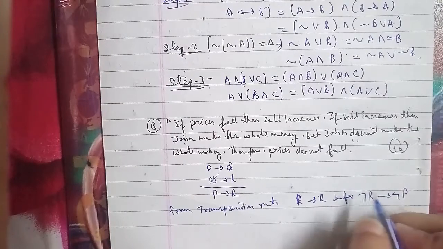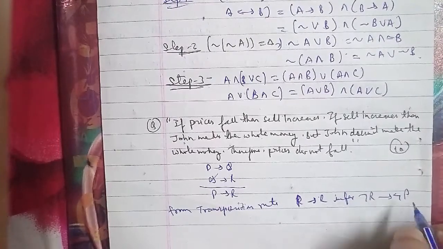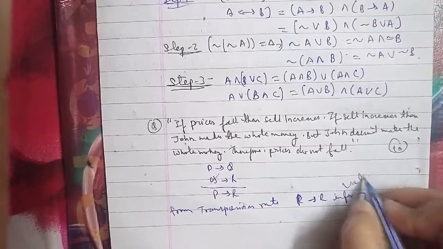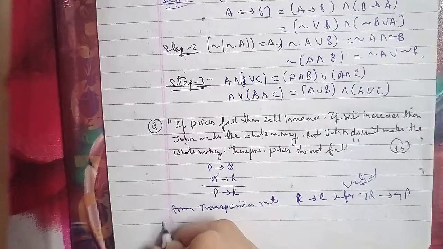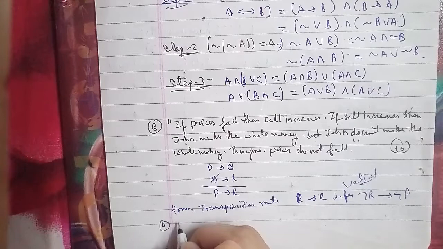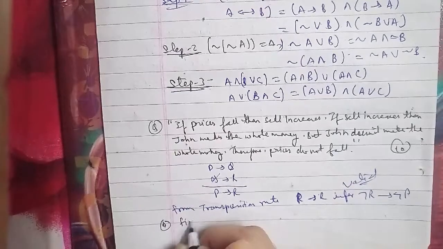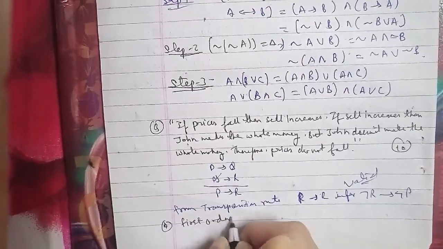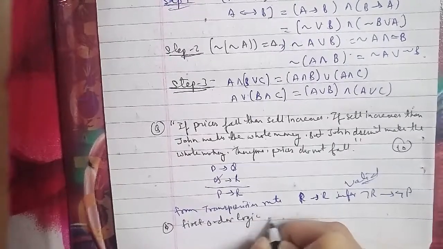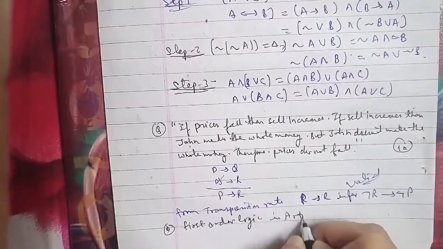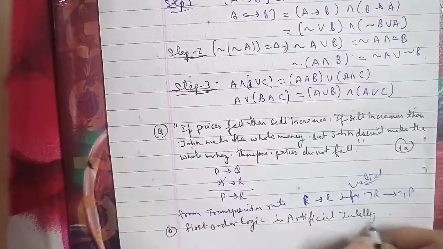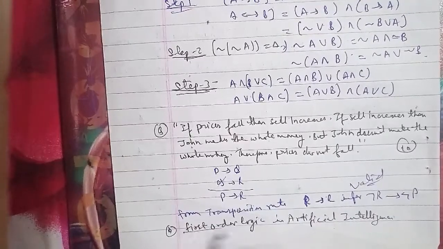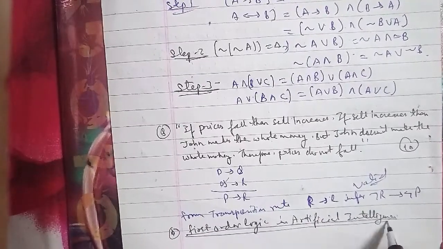Let's go ahead with another one: describe first order logic in artificial intelligence. This is very important, because first order logic is also known as predicate logic, or first order predicate logic.